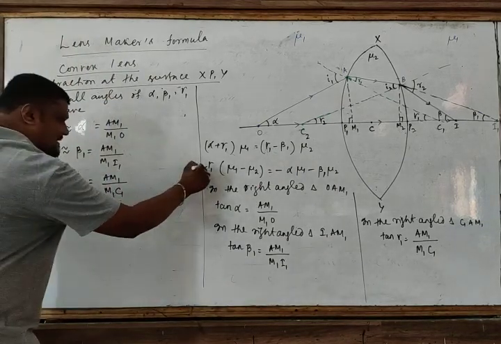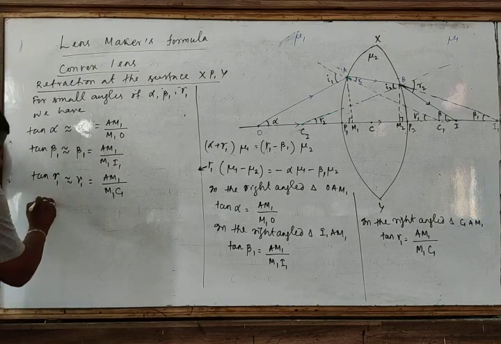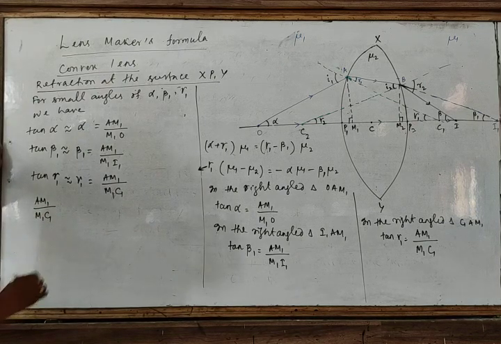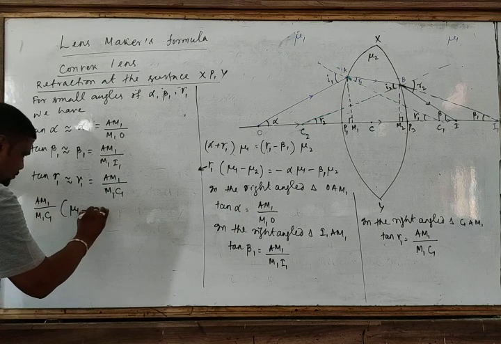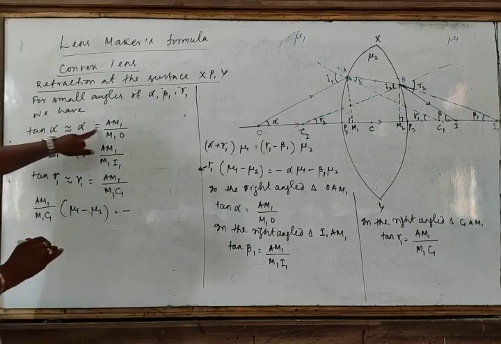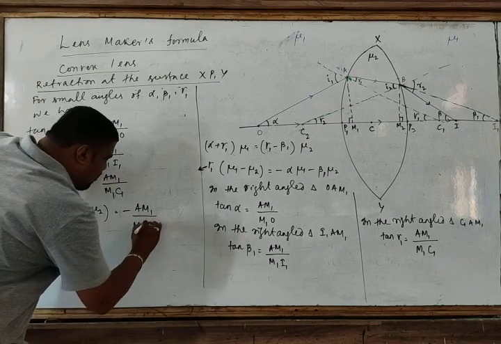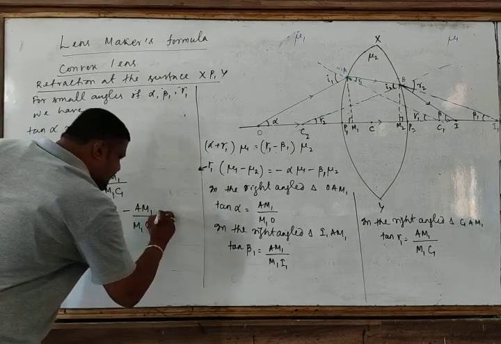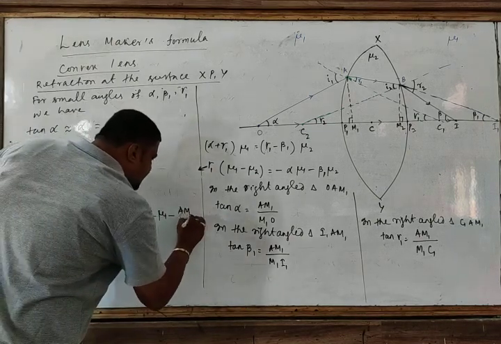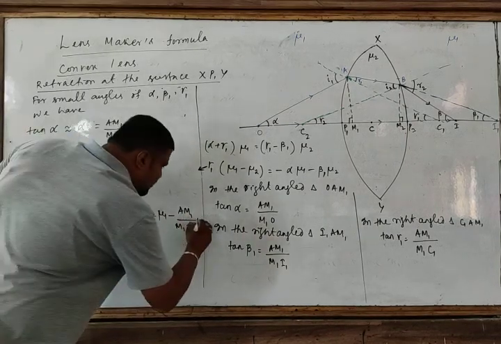So putting that in this expression, now what will I get? Gamma 1, AM1 divided by M1C1 into mu1 minus mu2, is equal to minus alpha, minus AM1 divided by M1O into mu1, minus beta 1, AM1 divided by M1I1 into mu2.